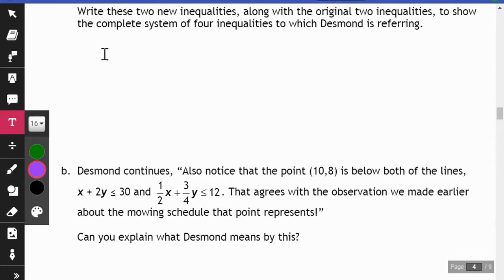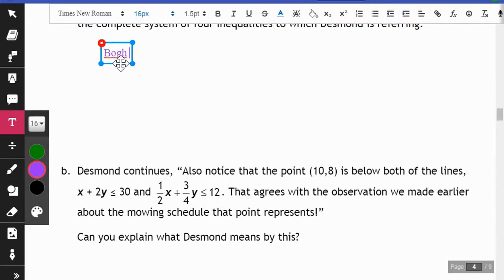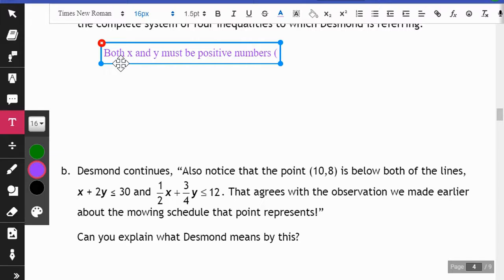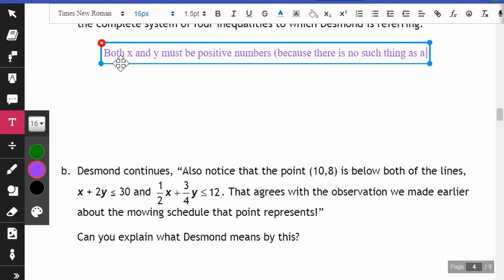Also, both x and y must be positive because there is no such thing as a negative lawn.